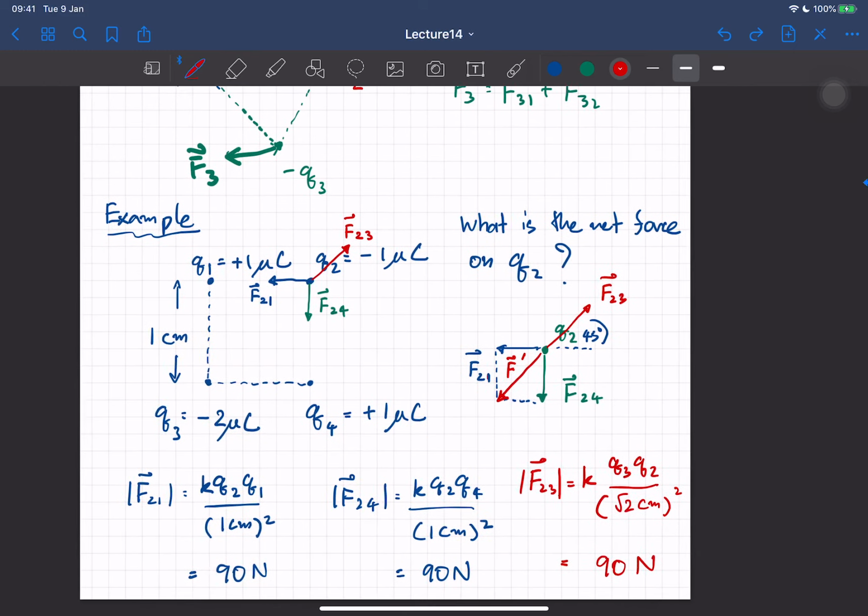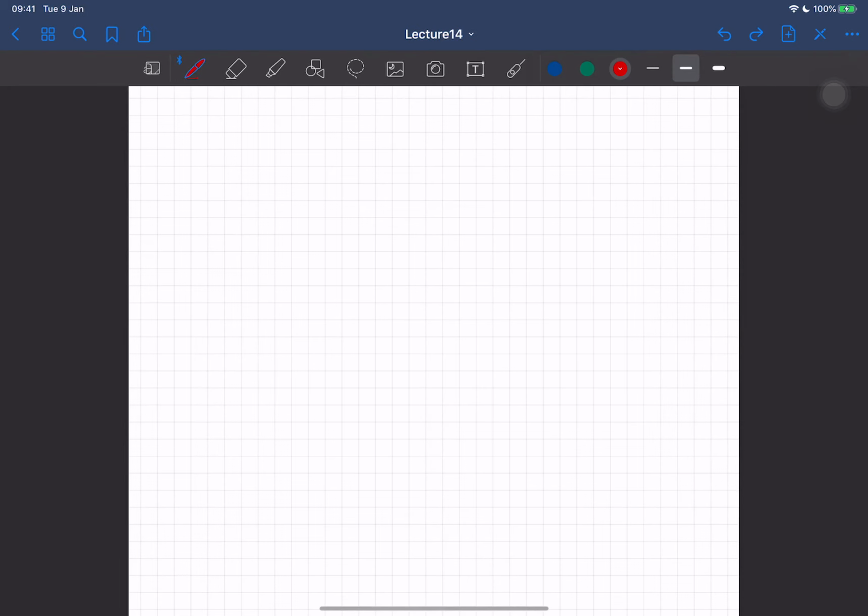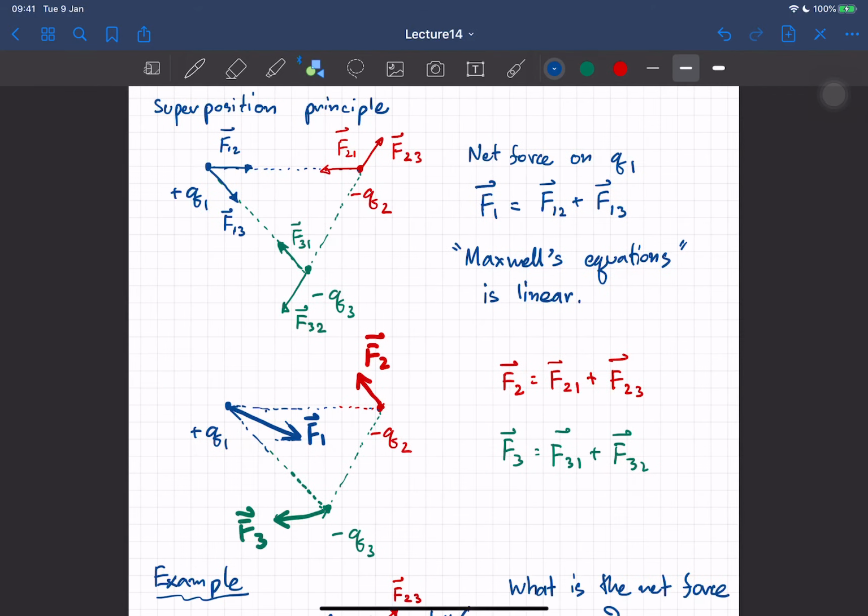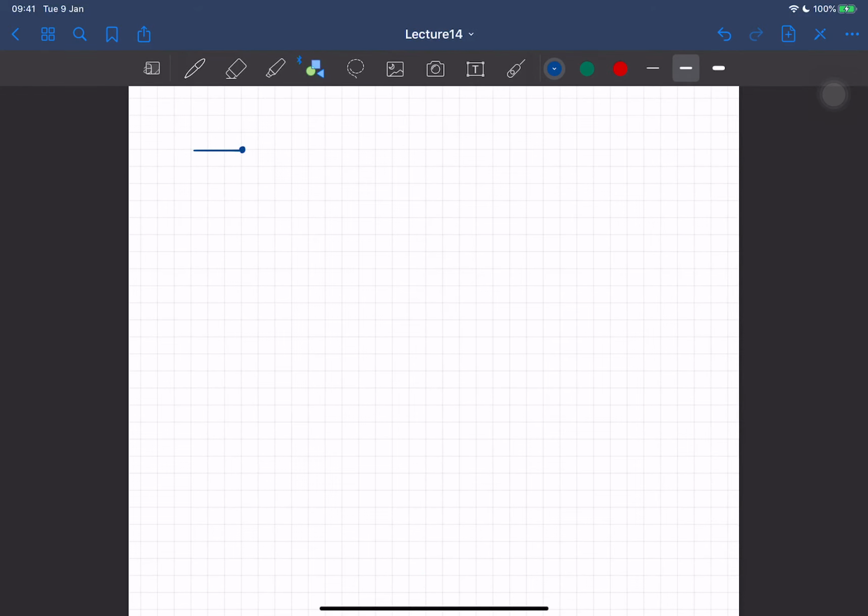Okay, so let's go to the next page and really calculate this. Again, I have this force, and green down, and then the red one going that way.